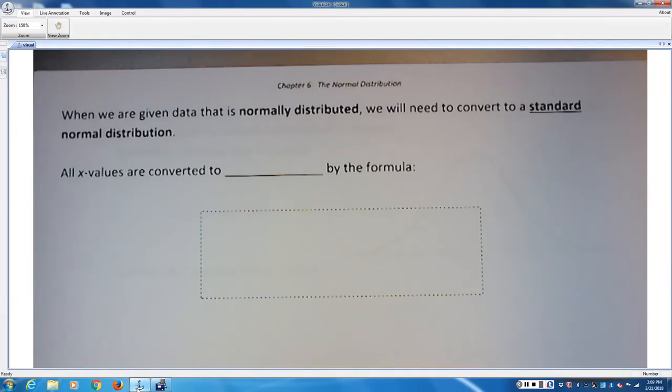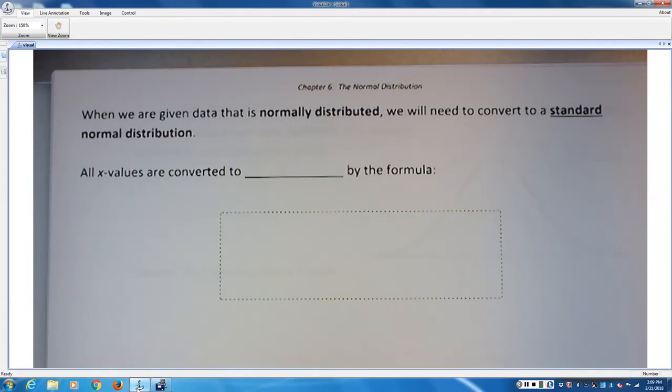Okay, so we are going to get started and talk about how we can use what we know about the standard normal curve and what we've learned about it and apply that to other normally distributed populations.